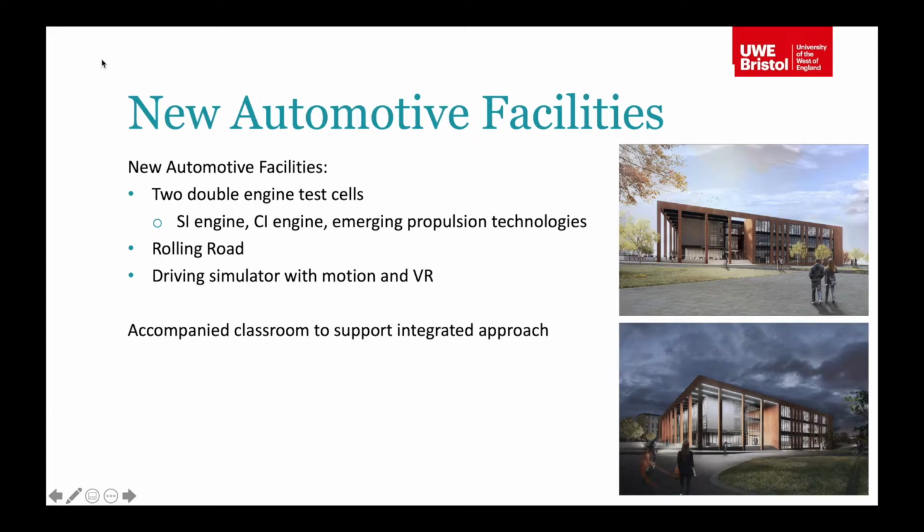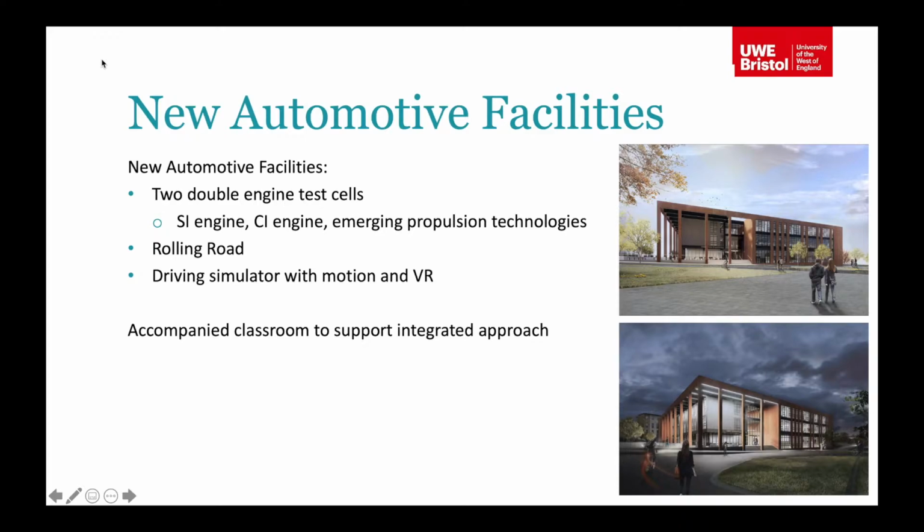But then the lower 2 floors are focused around the lab areas, and obviously there are all the standard lab spaces for dynamics and thermofluids, and we've got a big machine shop and some prototyping areas. But there are some specific automotive testing facilities that we have as well.